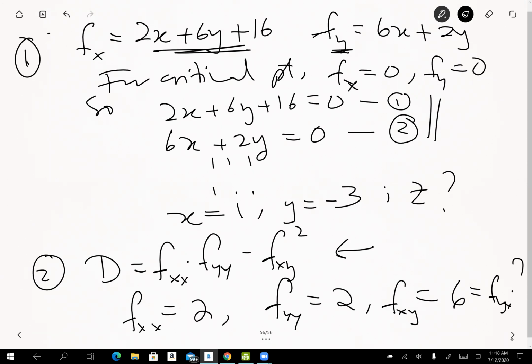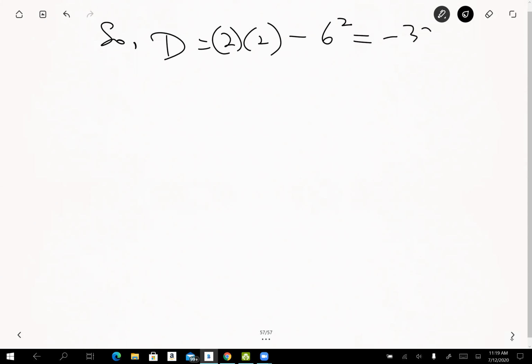So you got the second partials needed for D, and then we substitute. D is equal to 2 times 2 minus 6 squared. And that is equal to 4 minus 36, so that is negative 32.